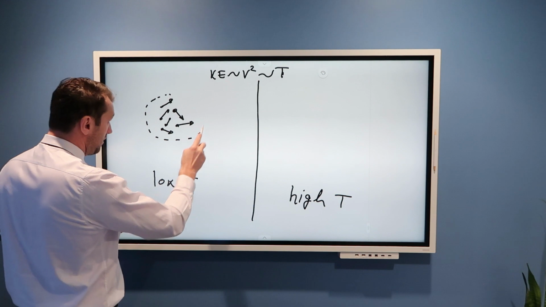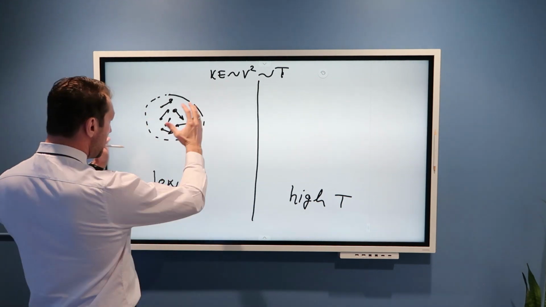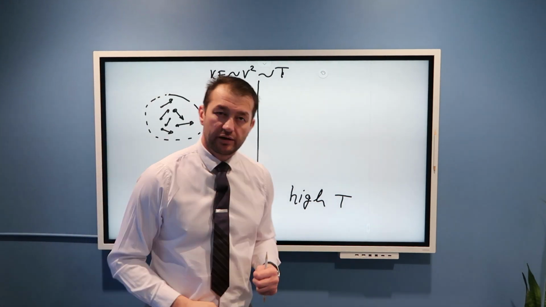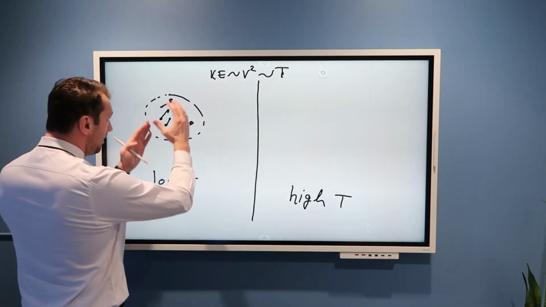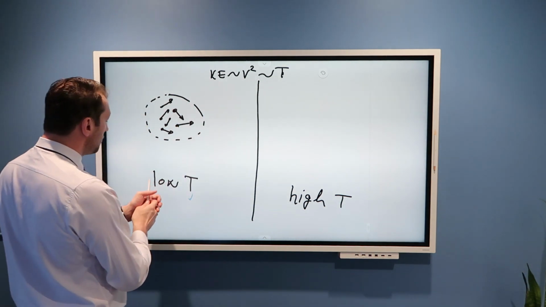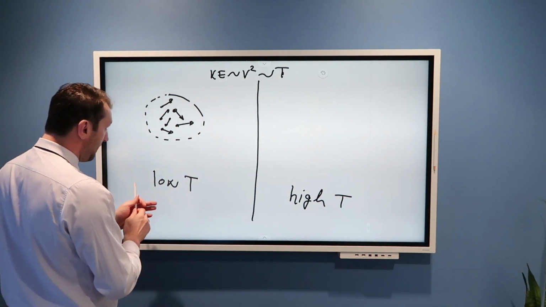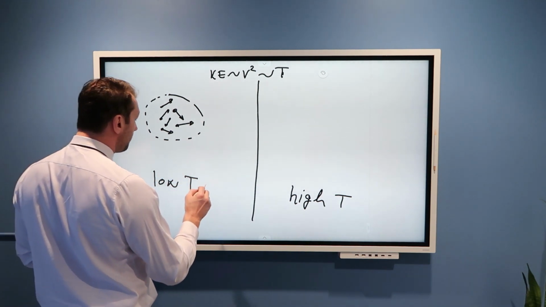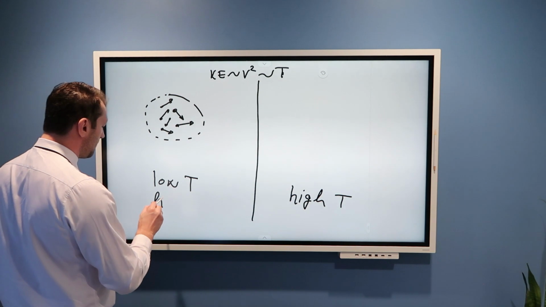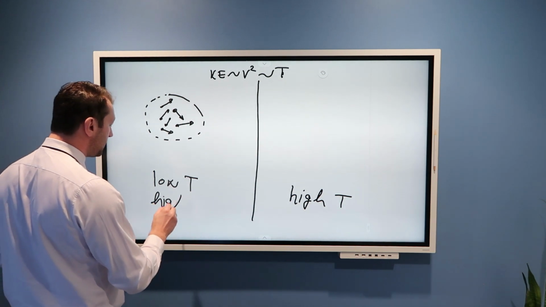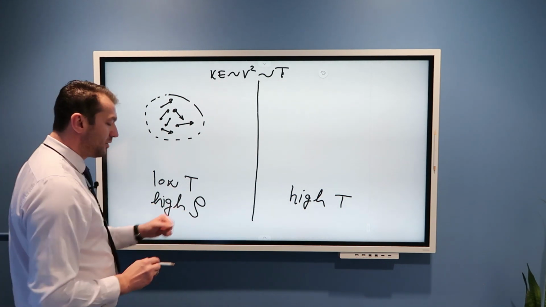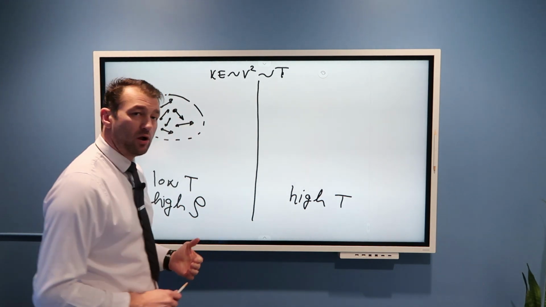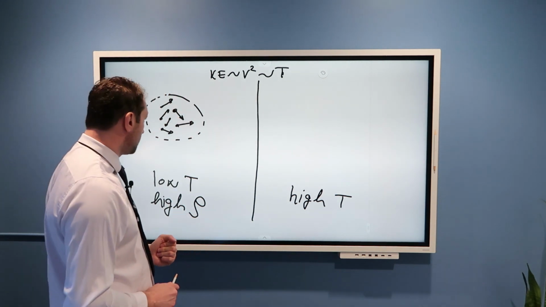So this is perhaps the space that they would create for themselves because they are jiggling just a little bit. So this would be low temperature, and you can see it is related to high density. You will remember I used Greek rho for density in my previous videos.